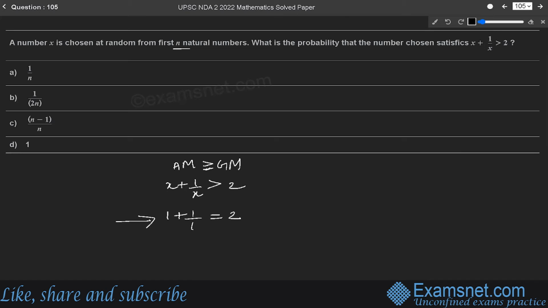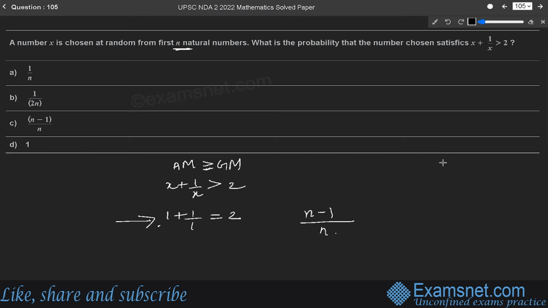So from the total n natural numbers, we will subtract 1, and the total numbers are n. So this is the required probability that the number chosen will satisfy x plus 1 by x is greater than 2, because there is only one exceptional condition here. Have you understood this?